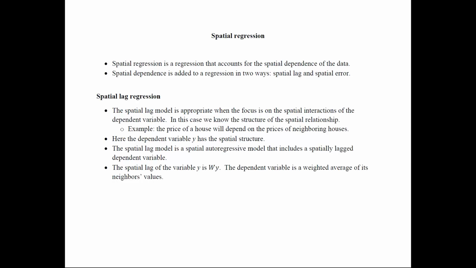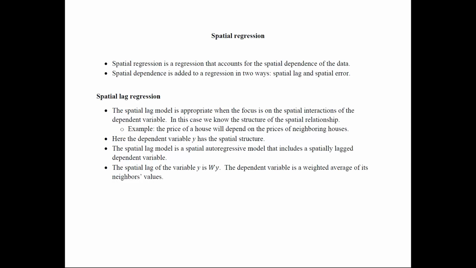That one would be appropriate when the focus is on the spatial interactions of the dependent variable. And it's typically used when we know the structure of the spatial relationship. So for example, the price of a house will depend on the prices of the neighboring houses. We know this is true for a fact.